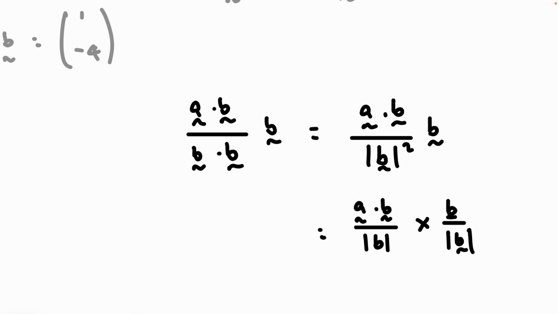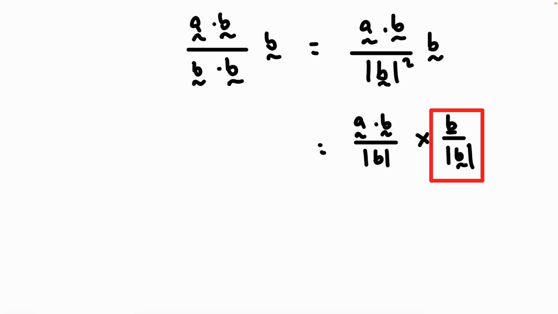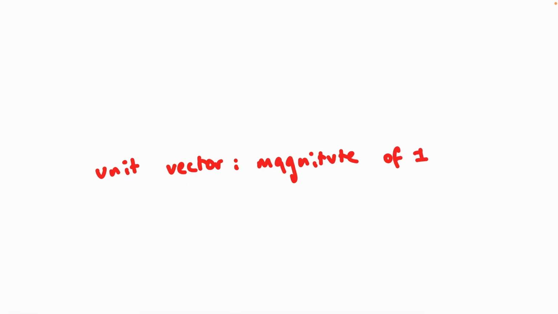So this is what we get. This part of my equation is what's called a unit vector for b. And what is a unit vector? A unit vector is something which has a magnitude of 1, but it's still parallel to your original vector.